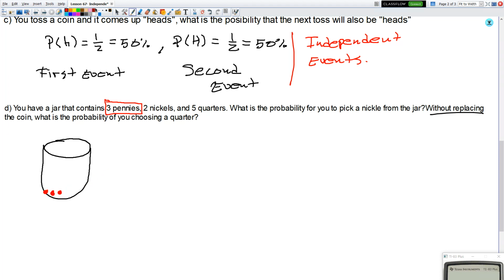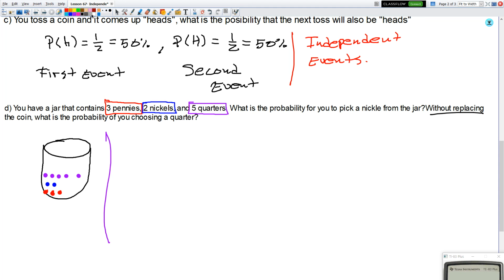So we've got 3 pennies, and we also have 2 nickels, and we also have 5 quarters. So that's 1, 2, 3, 4, 5. All right, let's look at how this affects our events here.